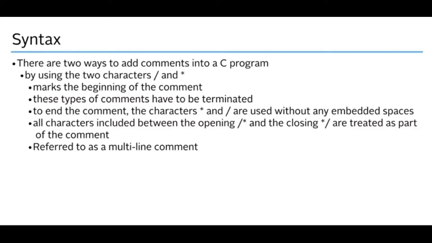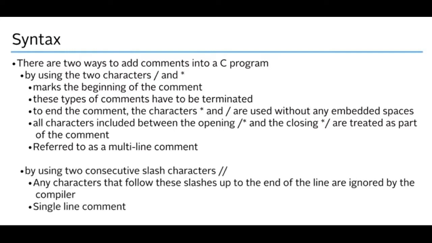Because it has a starting marker, you have to have something that says it's ending. So to end the comment, you put the asterisk forward slash at the end without any spaces in between. Anything between the forward slash star and the ending star forward slash is considered a comment, and that way you can span multiple lines.